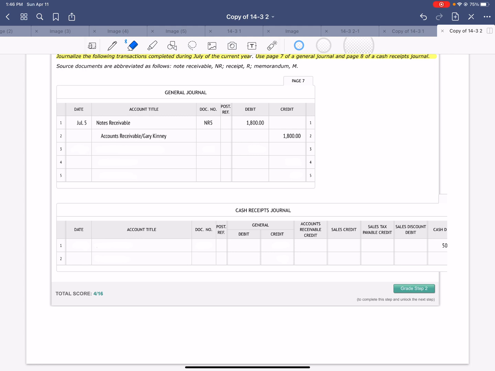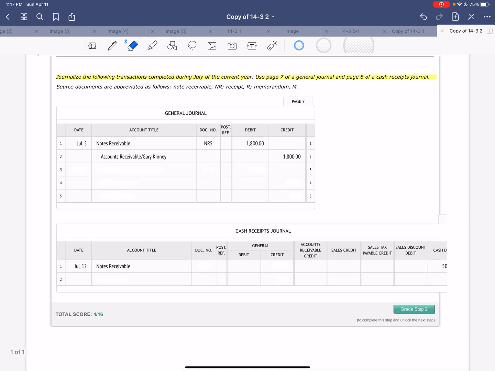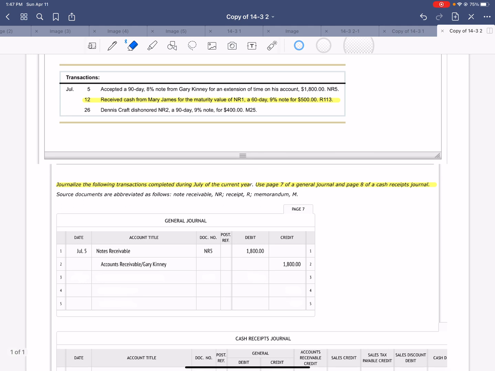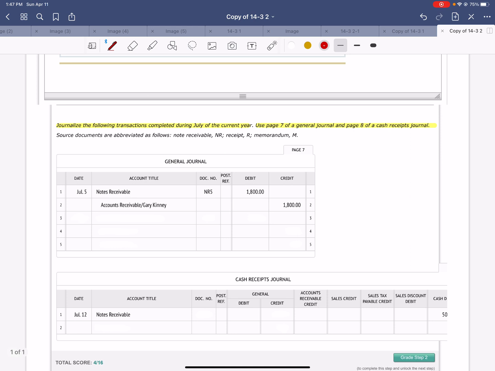Okay, so our first thing is the date is July 12th. She's paying off her notes receivable. The notes receivable amount was $500, so she's paying that off. So we will credit that. Remember, it's an asset. When we pay it off, we're going to credit it.